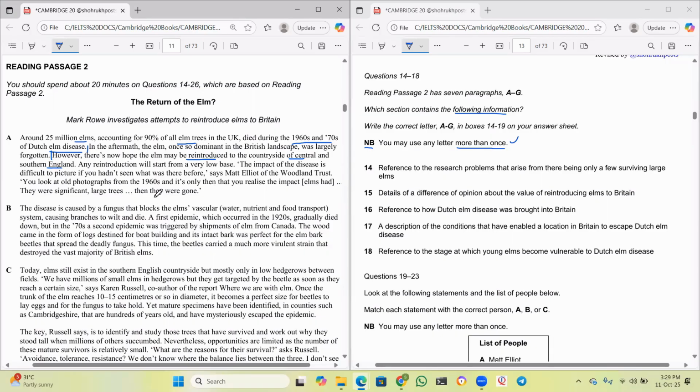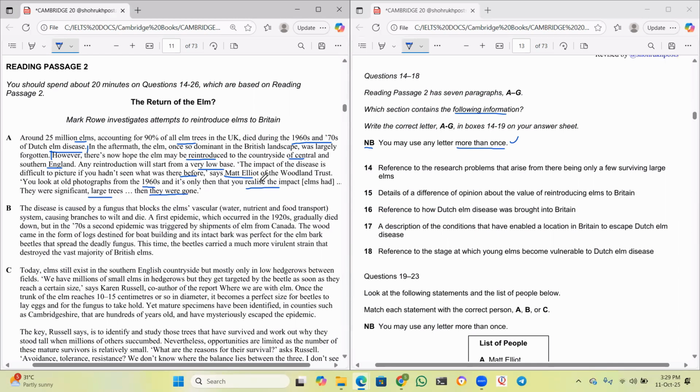Any reintroduction will start from a very low base. "The impact of the disease is difficult to picture if you hadn't seen what was there before," says Matt Elliott of the Woodland Trust. "You look at old photographs from the 1960s, and it's only then you realize the impact. There were significant large trees, then they were gone."